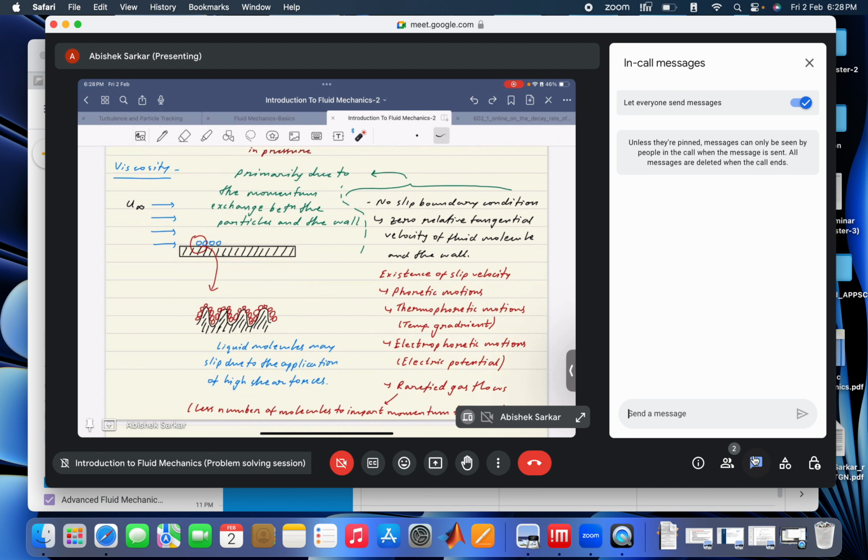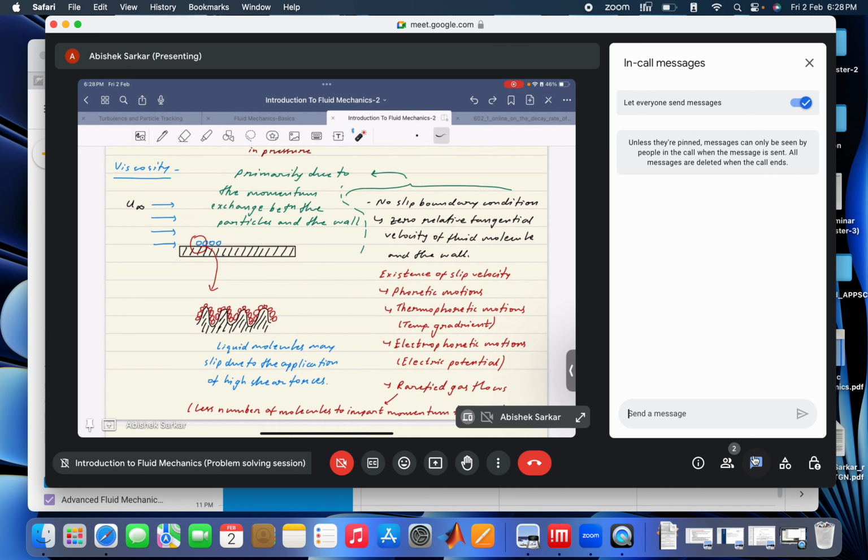While these collisions happen, there will be an exchange of momentum between the gas particle and the wall. Okay, and this exchange of momentum is what is perceived as the viscosity of the fluid, or in this case the viscosity of the gas.